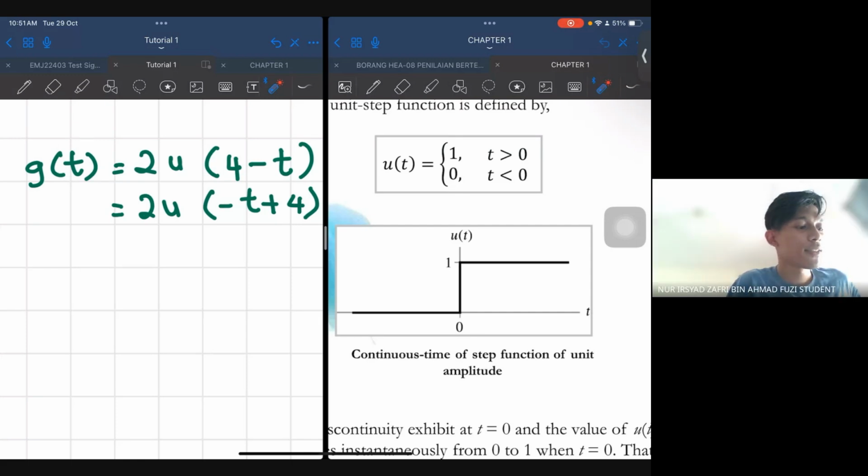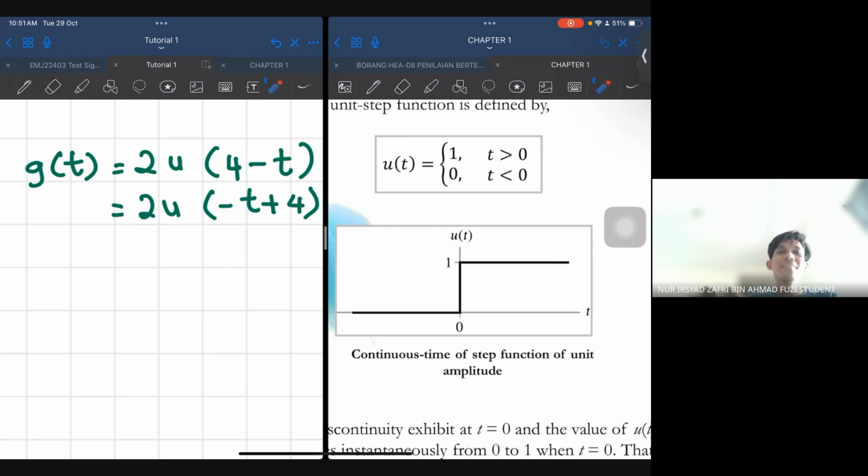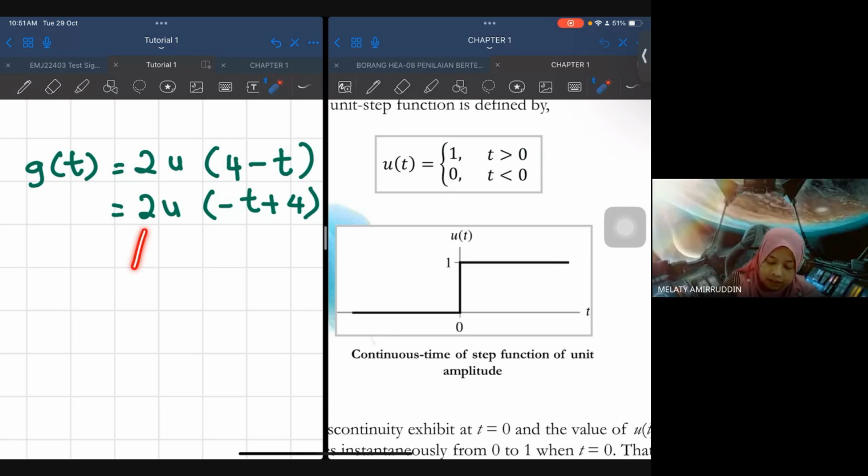Amplitude, reflection, or we can call it scaling because it is -1, and shifting. Irshad said amplitude.